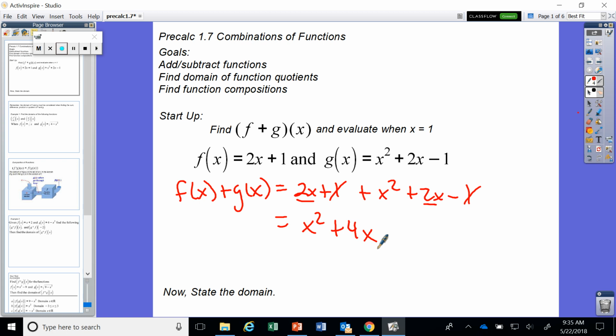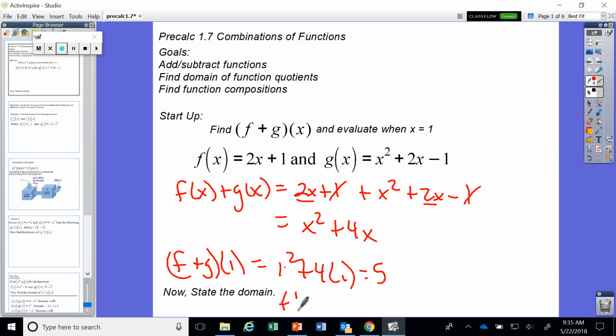Well, that's game, set, match. What does the evaluation look like? The evaluation of f plus g of 1 is going to give us 1 squared plus 4 times 1, or 1 plus 4, which is a value of 5. So what's the domain of f plus g of x?